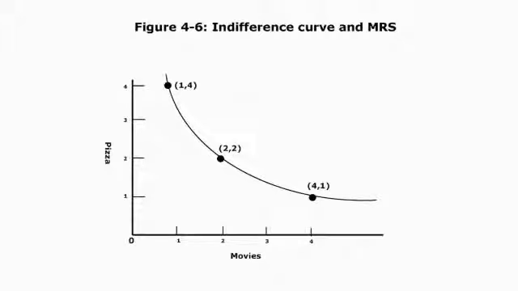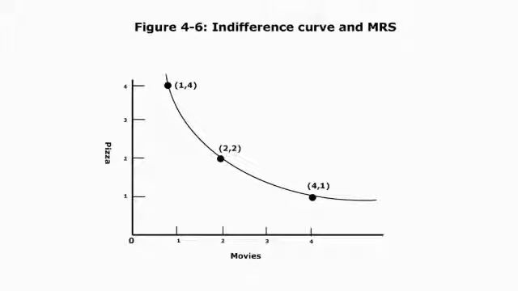This is the same graph, figure 4-6. This isn't on the graph; you have to write it on. Going from that first point to that second point, you're willing to give up 2 pizzas to get 1 movie. So that marginal rate of substitution is -2.